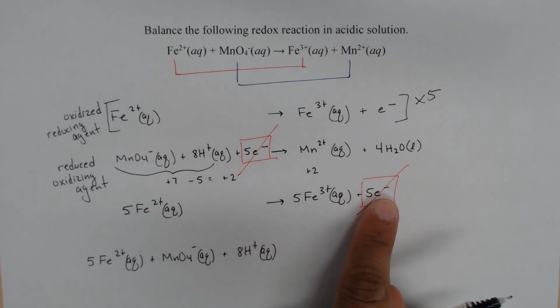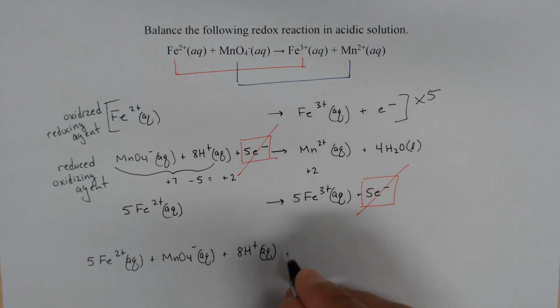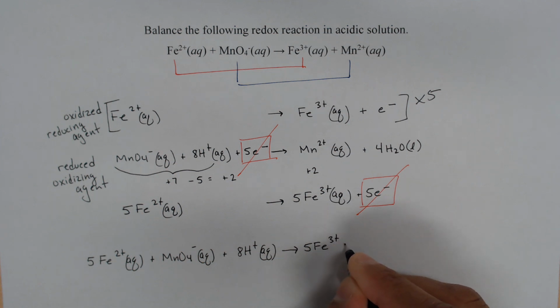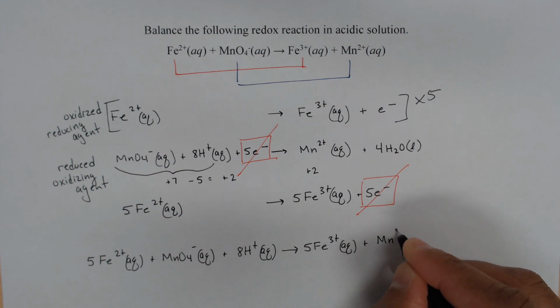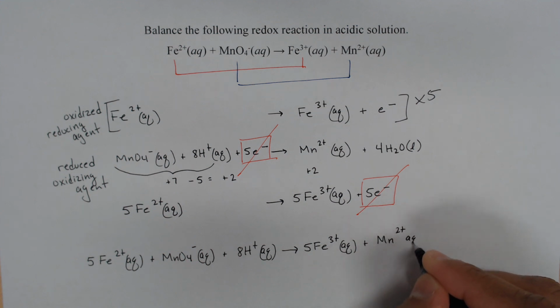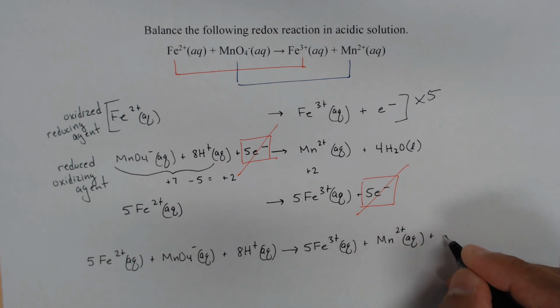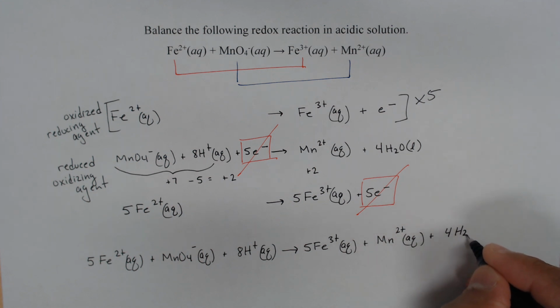The electrons have canceled, so we'll ignore that. And then on the product side, 5 moles of Fe3 plus, 1 mole of the manganese 2 plus, and finally 4 moles of water.